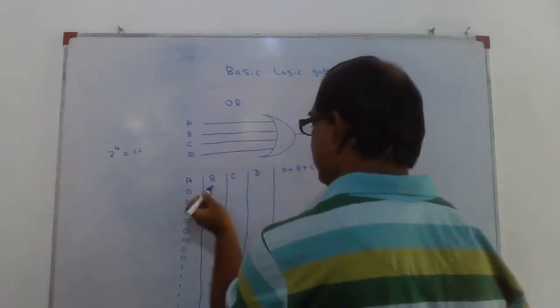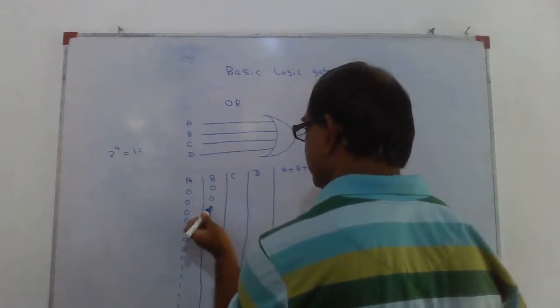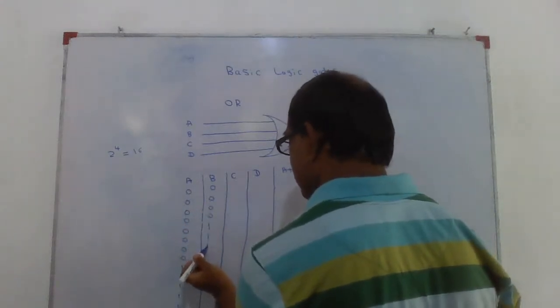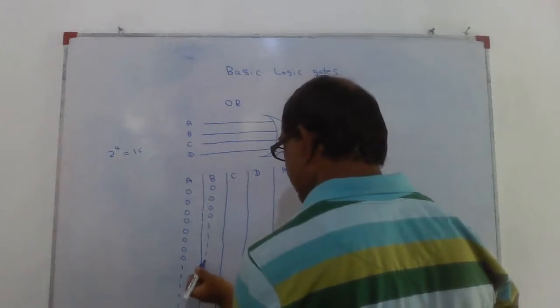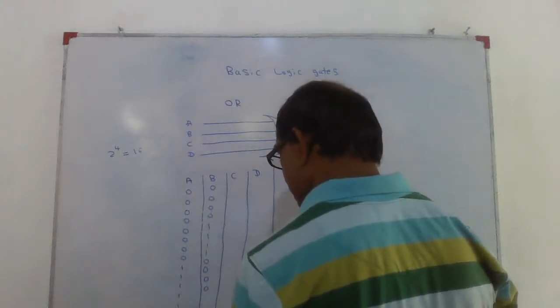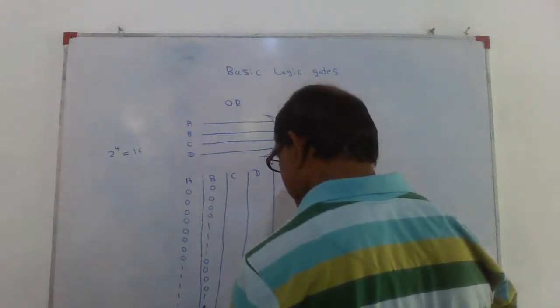Then 4 zeros, 4 ones. Again 4 zeros, 4 ones.